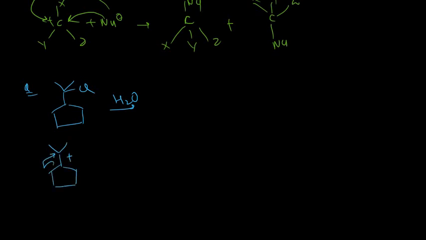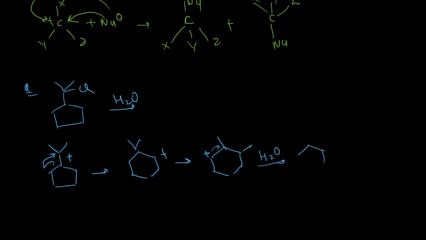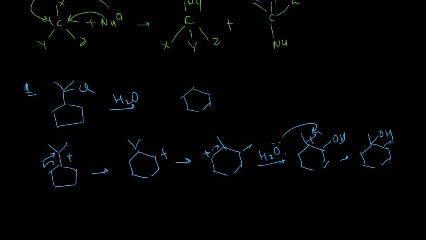Now the carbocation will rearrange, so a positive charge will be here. H2O will attack over here. Now for the final conclusion, this product will form. Finally, ring expansion will take place and this product will form.